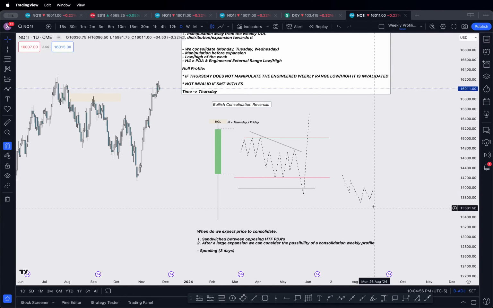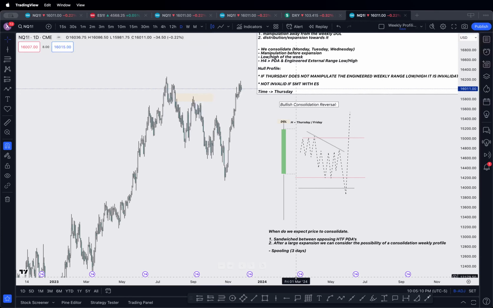We're gonna go lower. And then you can rule out this profile. So you're looking for not only consolidation, but reversal. And that's why if you don't manipulate the weekly low or high and reverse from it, you can rule it out. That answer your question a bit?